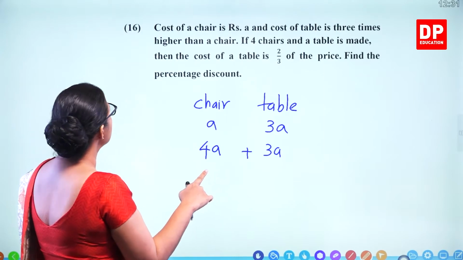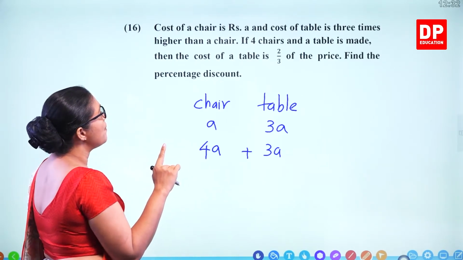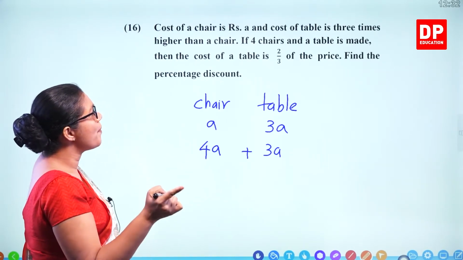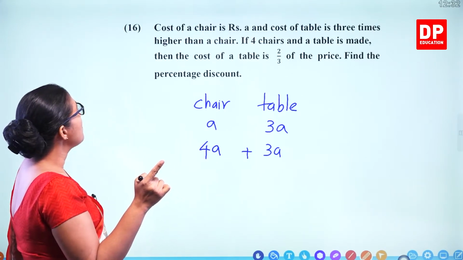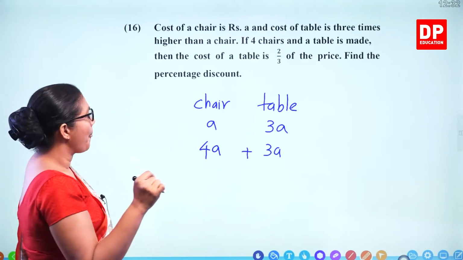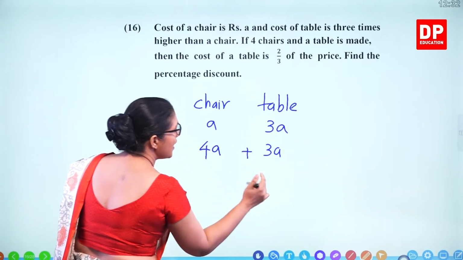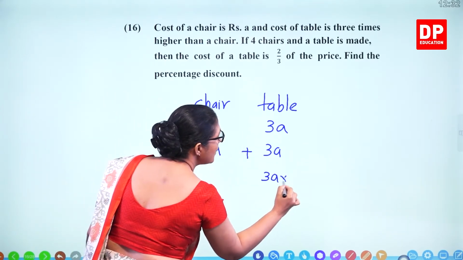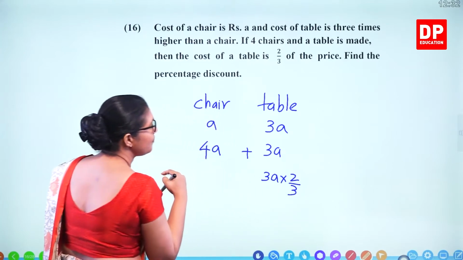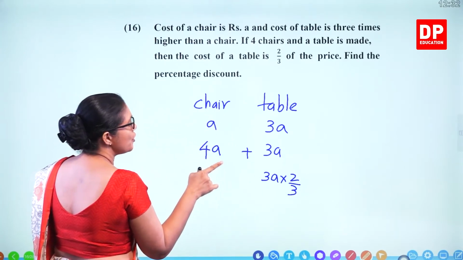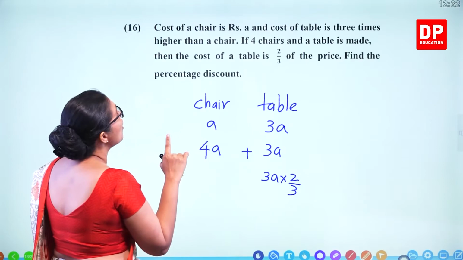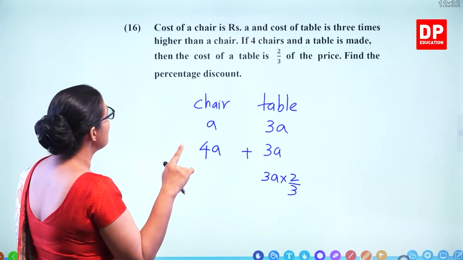If this happens, then the cost of a table is 2/3 of the price. Find the percentage discount. So then what is the new price? Not 3A. 2/3 of that. The table value is reduced.